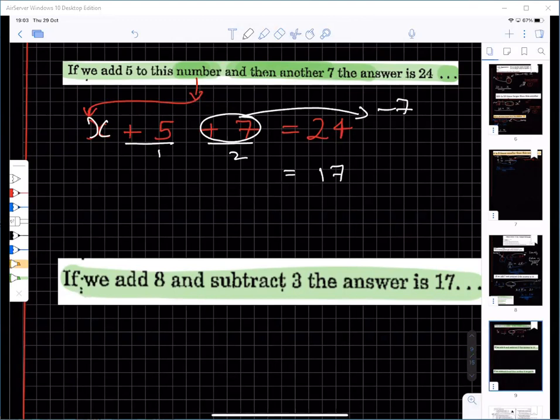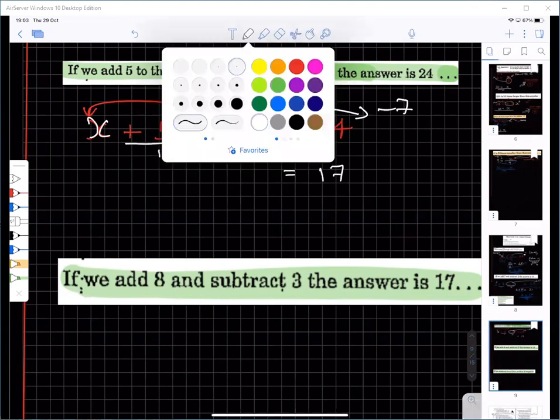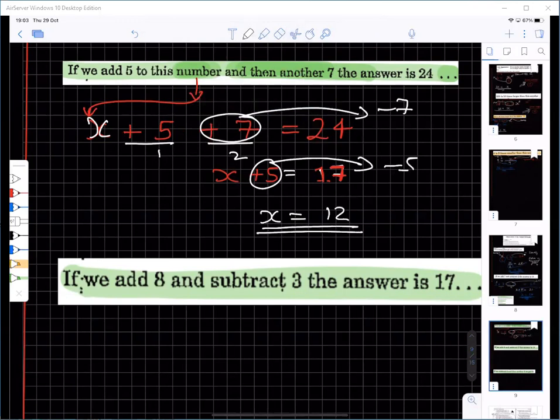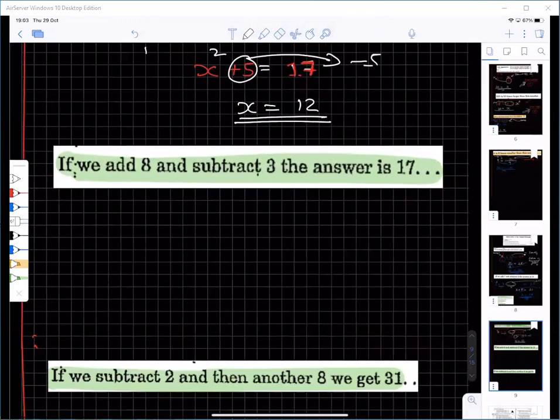And then we do the first step, which is plus 5. So we're going to minus 5, which is 12. So X equals 12. Opposite of add 5 is minus 5. So X is equal to? 12.